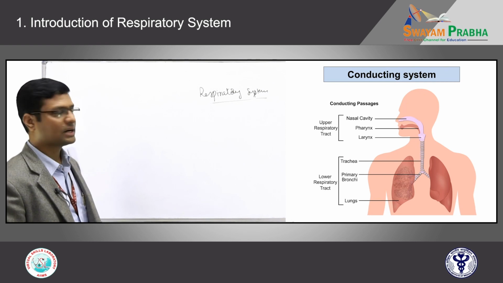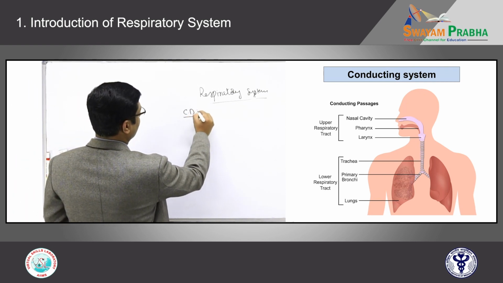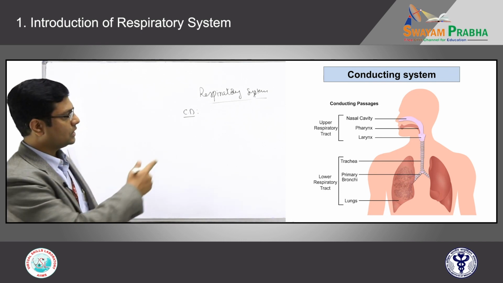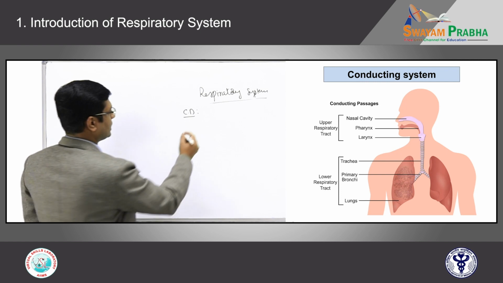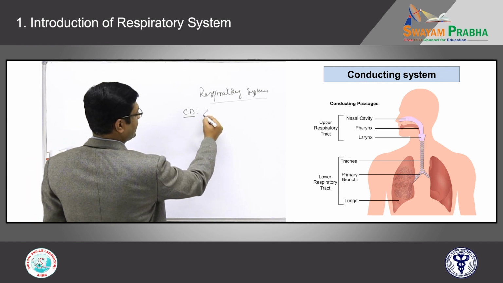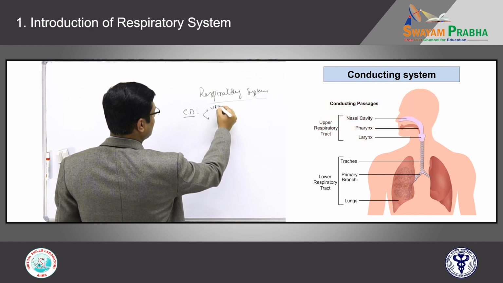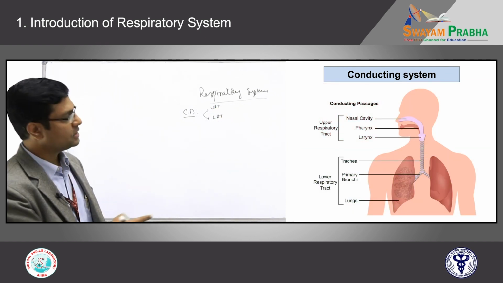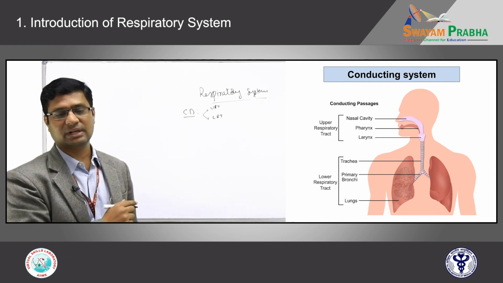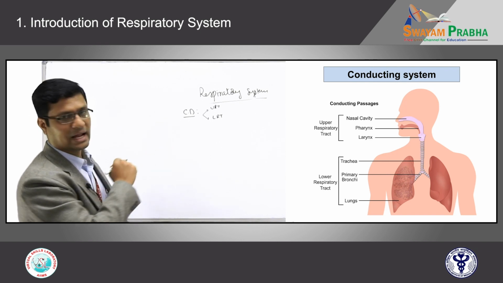Now we will see the conducting system. The conducting system has been shown in the slides. The conducting system or respiratory tract is divided into two parts: the upper respiratory tract and the lower respiratory tract. The upper respiratory tract, as you can see, mainly consists of the nasal cavity, pharynx and larynx.